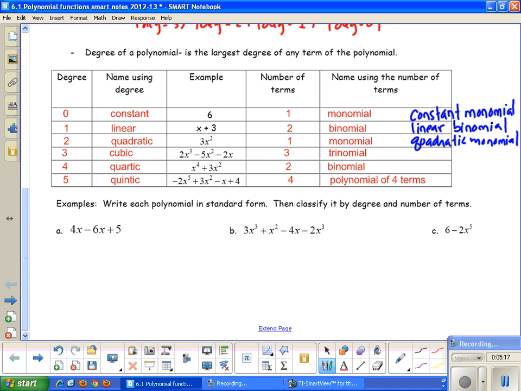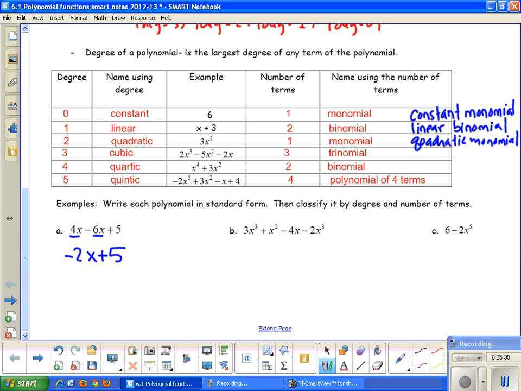Now, the next example says, write each polynomial in standard form, then classify it by its degree and number of terms. So the first thing you want to do is, of course, combine like terms if you can. Notice that this and this are like terms, so since they're like terms, we would want to combine those first to write it in standard form. So this gives me negative 2x plus 5.